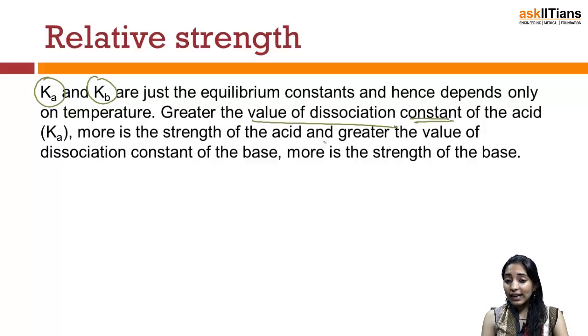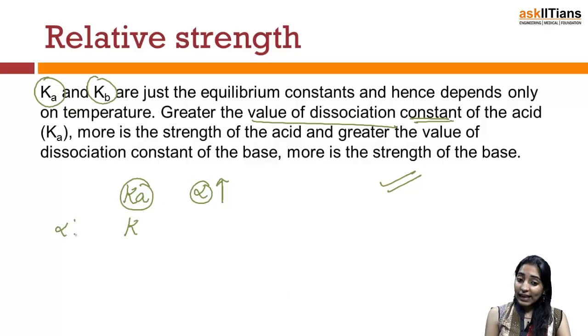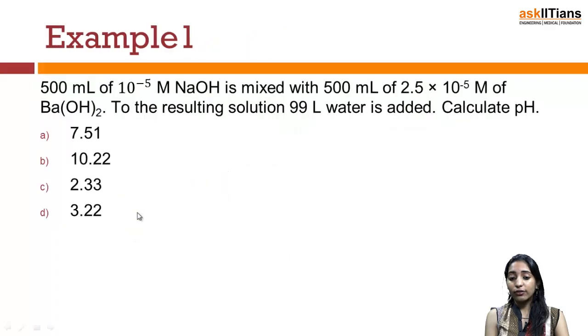Now the greater the value of the dissociation constant for any particular acid, the more will be the strength of that acid. Similarly, the greater the value of the dissociation constant of a base, the more will be the strength of the base. So any acid which has a high value of Ka also has a high value of alpha, and any base which has a high value of alpha has a high value of Kb.